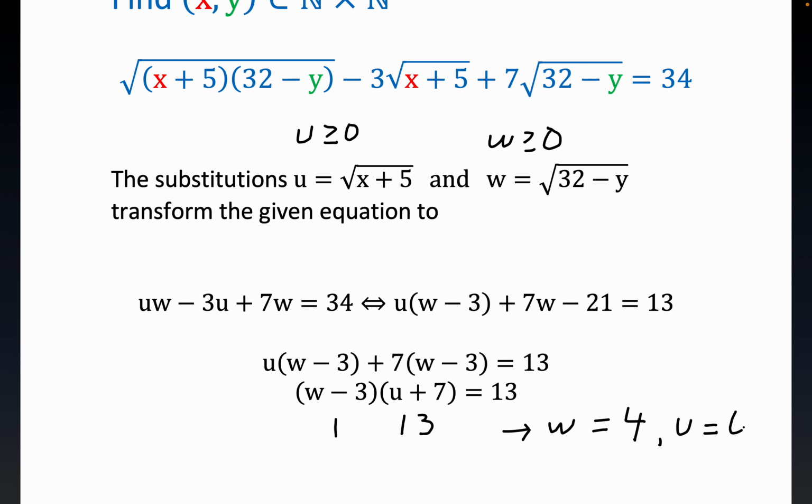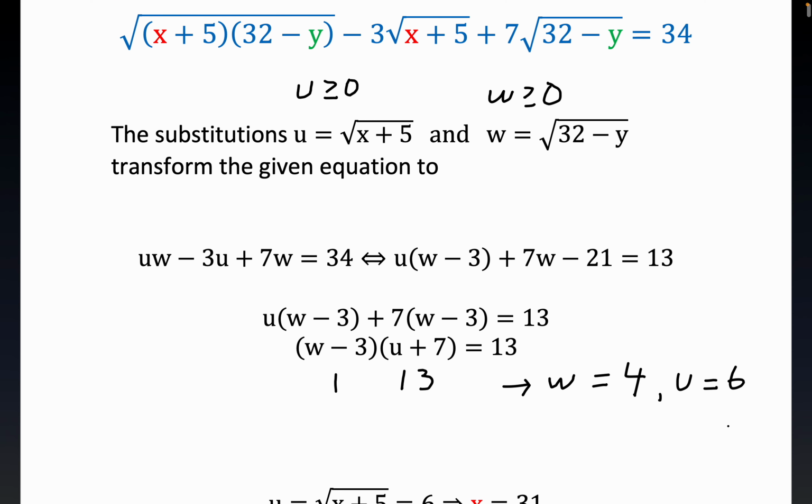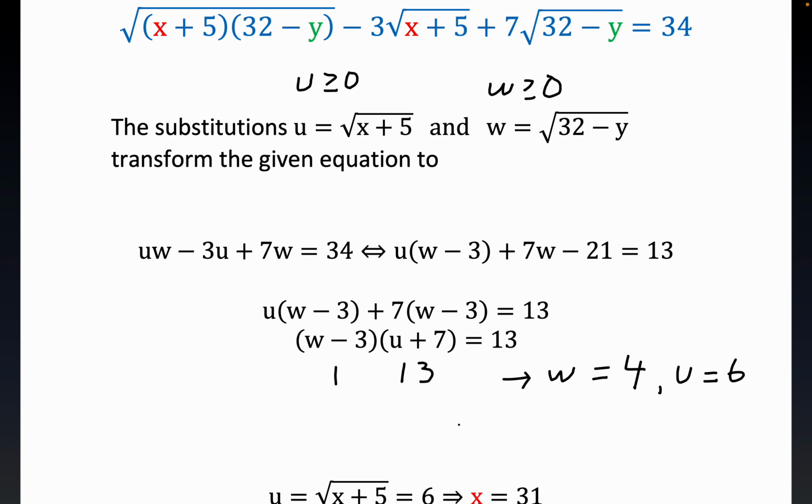Now it's tempting to think you're done here, but really you have to look at all possible products. For example, what if you did 13 here? You can reverse the factors, right? 13 and 1. Well, what would that tell you that w had to be? If 13 is equal to w minus 3, that would say that w is equal to 16.